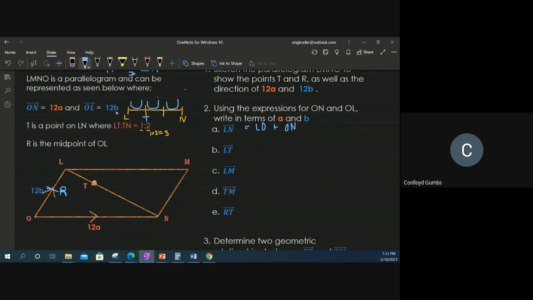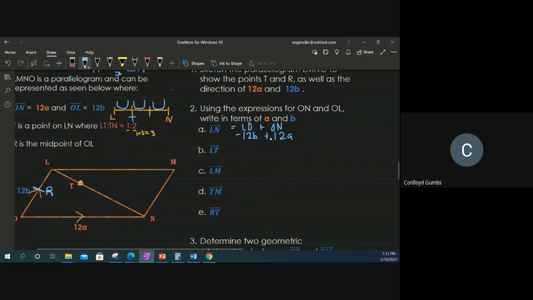So if OL was 12B, that means if we go in the opposite direction, from L to O, it must be minus 12B. Then we're going from O to N, in the direction of ON, which was 12A. So O to N has to be 12A.